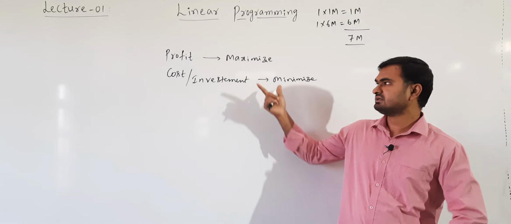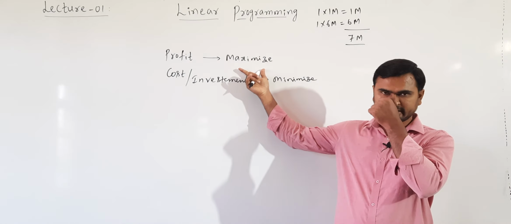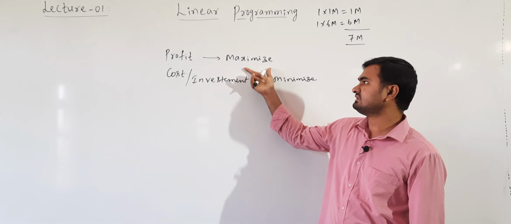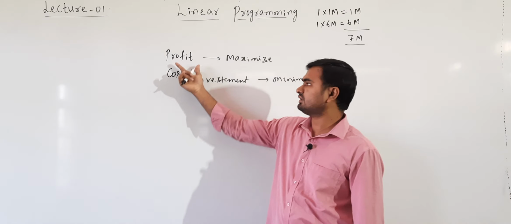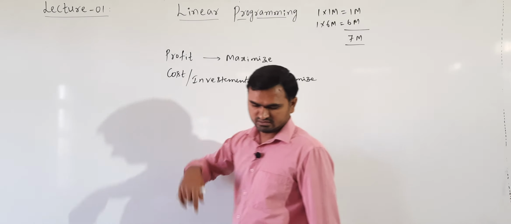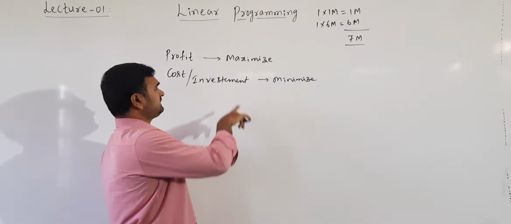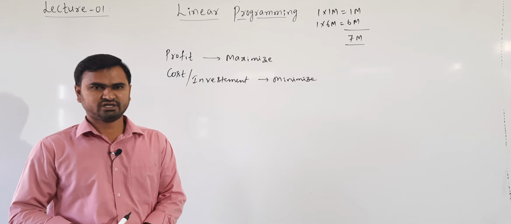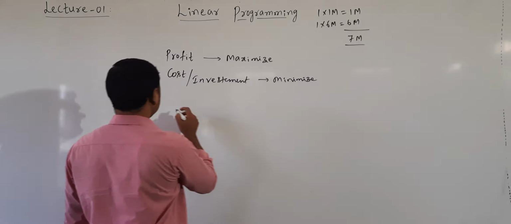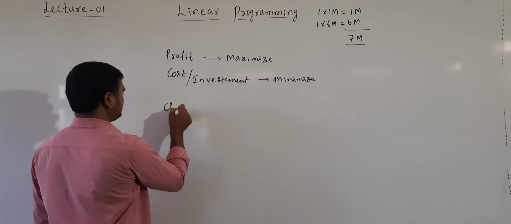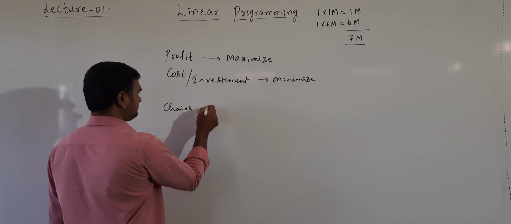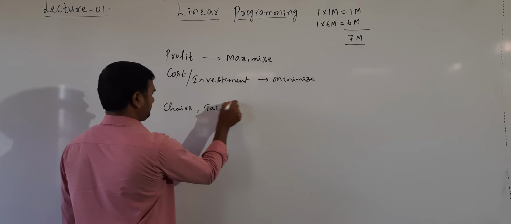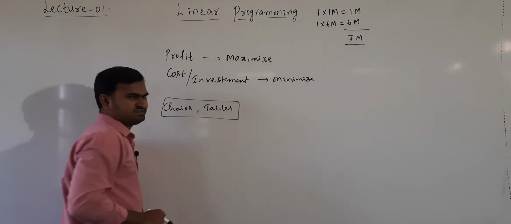So these are the problems where we are maximizing or minimizing certain quantities. Now, to get the maximum profit there will be some conditions. Say you are having the business of selling chairs and tables.